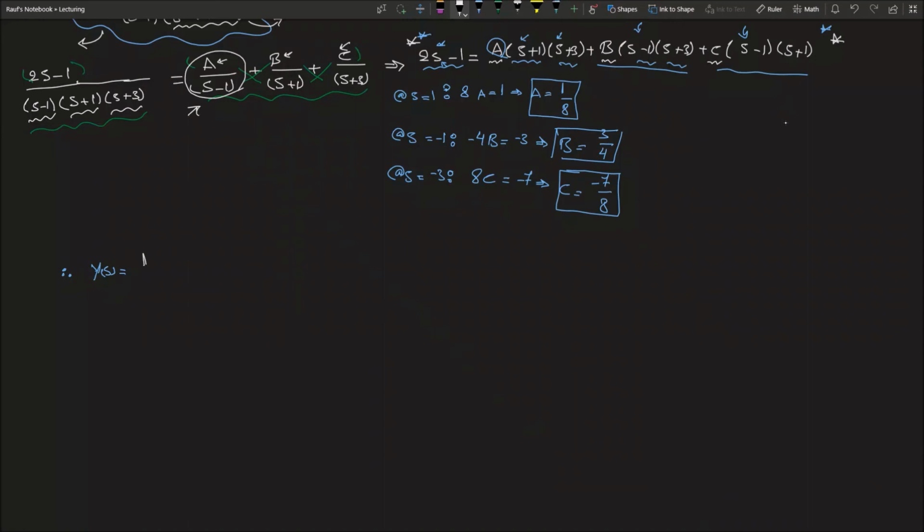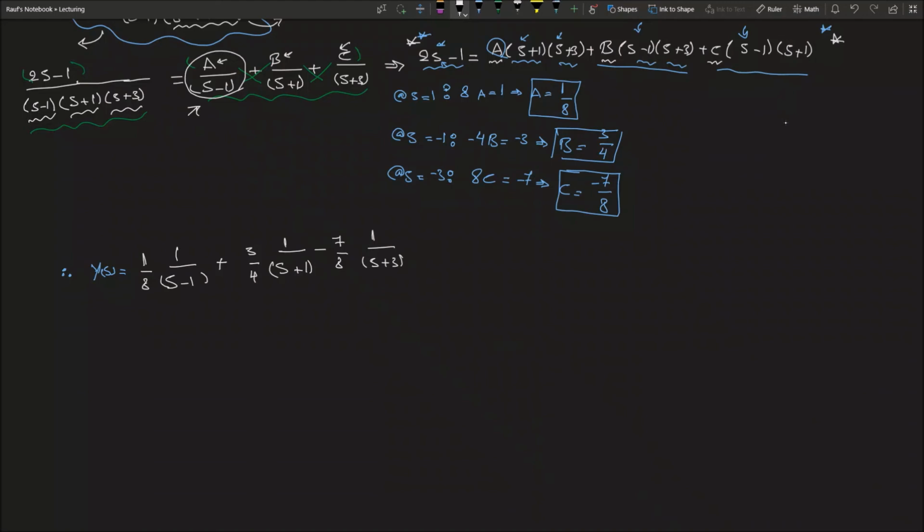So this is 1 over 8 multiplied by 1 over s minus 1, plus b, which is 3 over 4, multiplied by 1 over s plus 1, plus c multiplied by 1 over s plus 3, so minus 7 over 8 multiplied by 1 over s plus 3. Okay.